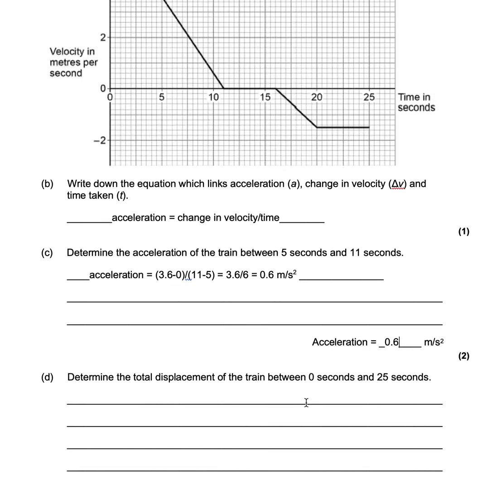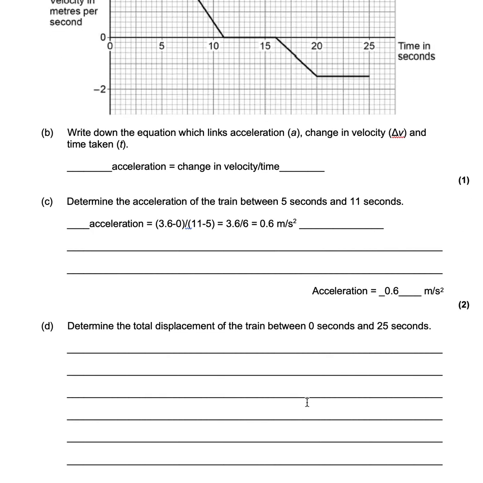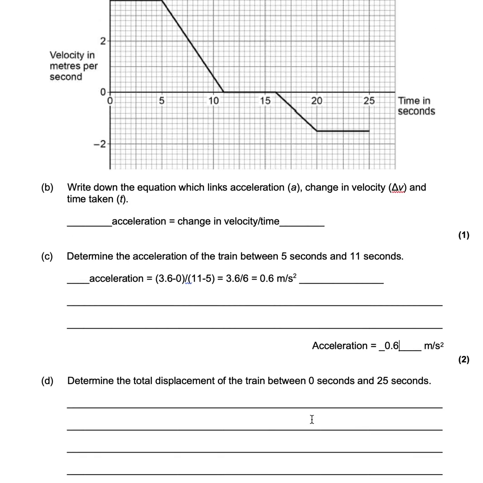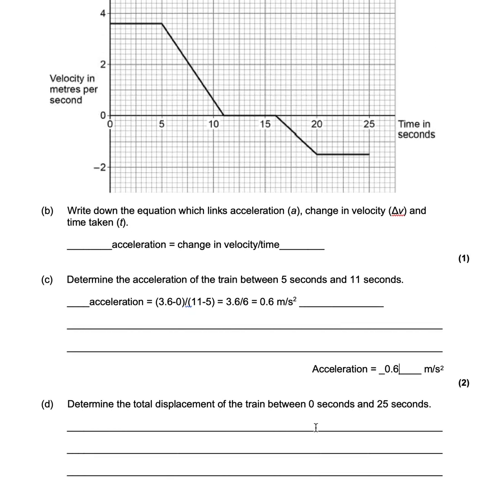Then we've got part D, determine the total displacement of the train between 0 seconds and 25 seconds. So displacement is the overall distance travelled, including direction. Okay, so we have the train.